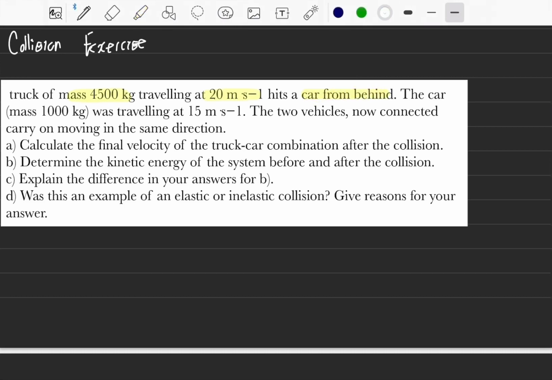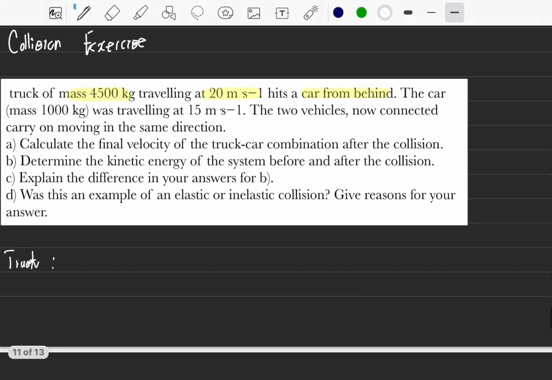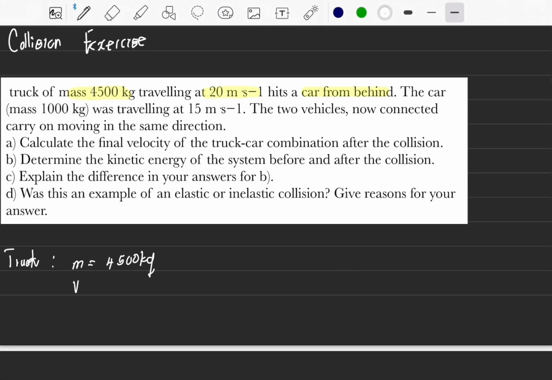So the first thing that I'm going to do is to write all the information that I am given for the truck. So it's going to be the mass, which is equal to 4,500 kilograms, and we are also going to have the velocity, which is equal to 20 meters per second.